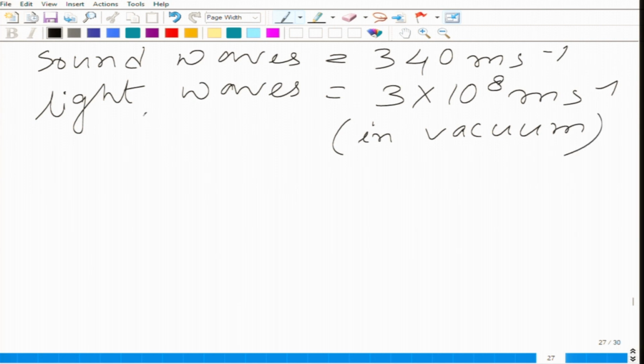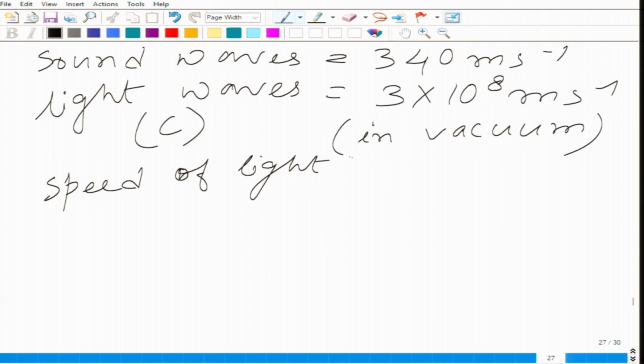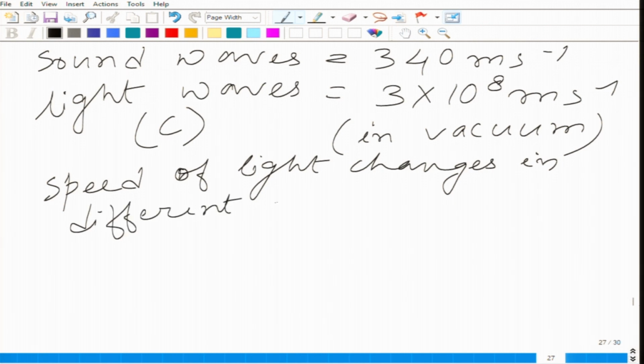This is denoted as C. Speed of light changes in different media. Generally, the speed of light in vacuum remains the same in air, that is in the atmosphere.